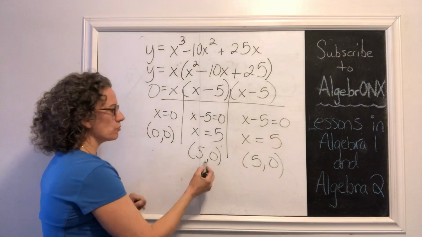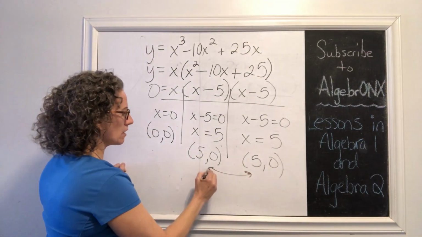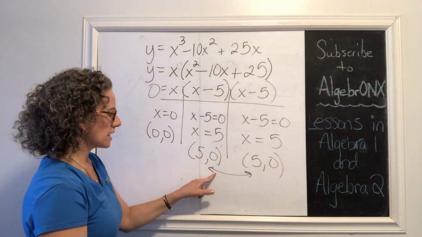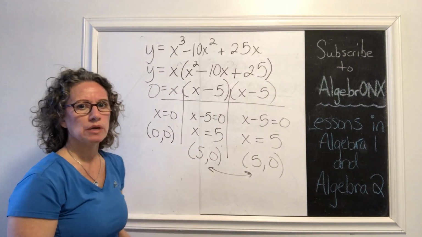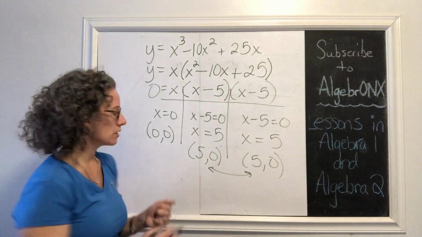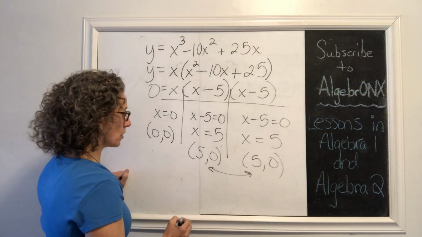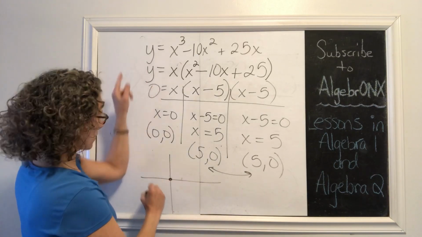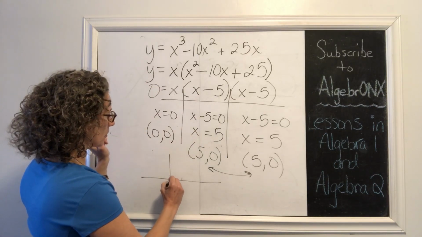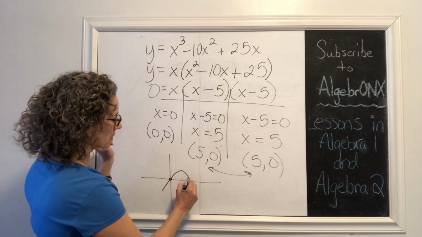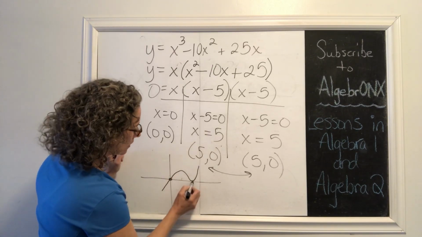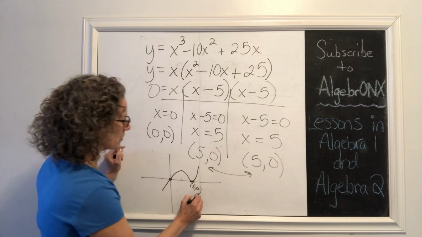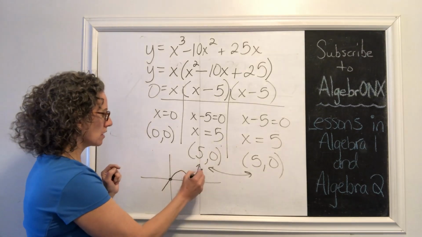And in a graph, what this means is that the graph will not travel through that point, but will be tangent at that point, meaning there will be a turning point at the point (5, 0) on the graph. So if I have this function, it travels through the point (0, 0), but then it hits the point (5, 0), turns, and goes back up again.